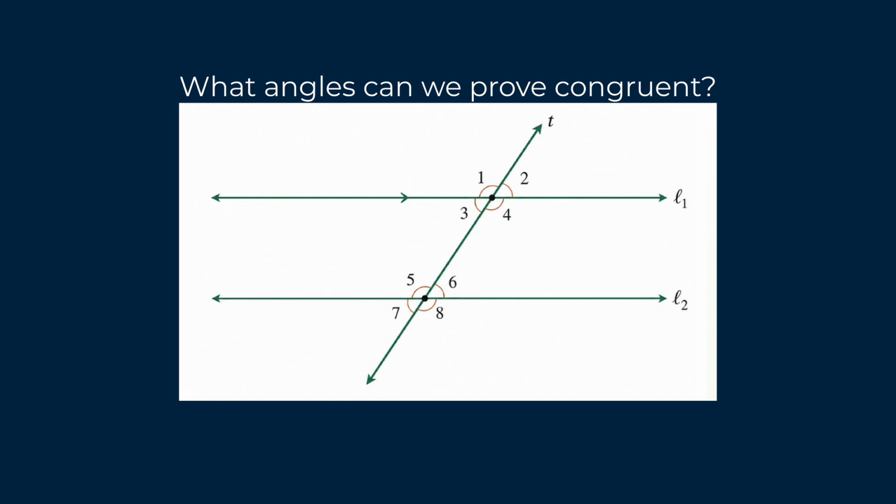So for example, angle 1 and 5, angle 2 and 6, angle 3 and 7, and angle 4 and 8, these are all congruent corresponding pairs of angles. But what can we also prove? Well, we do know that angle 2 is congruent to angle 3 because they are vertical angles.